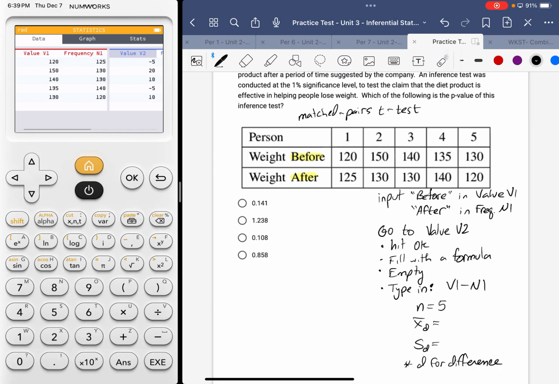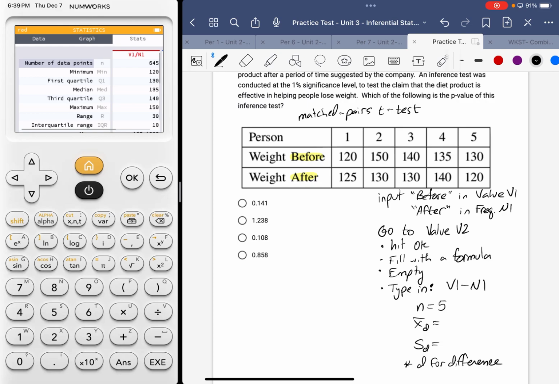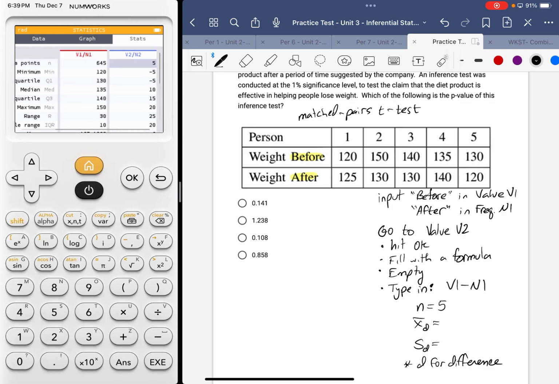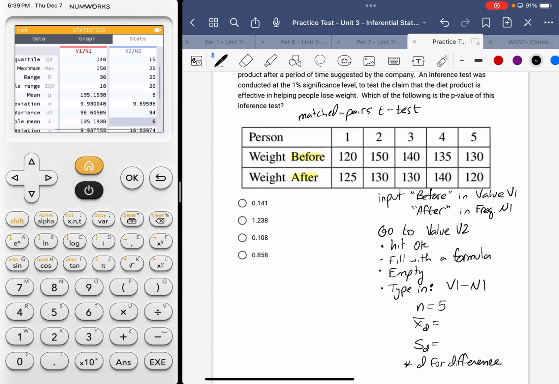So I go into my stats tab here, and for the blue column, I want the sample mean, which is 6, and the sample standard deviation, which is 10.83974. I'm just going to grab the entire decimal.